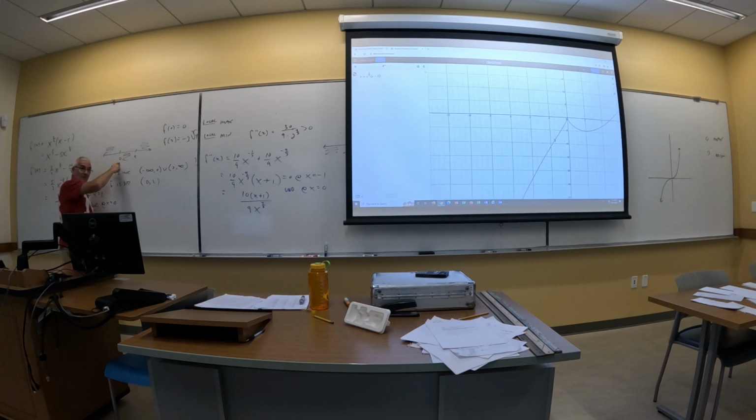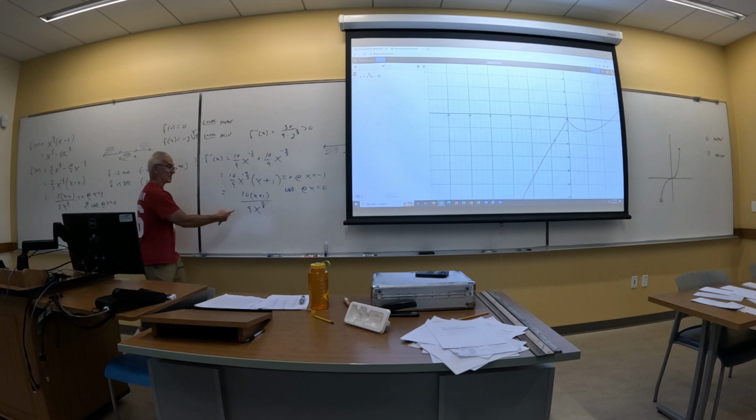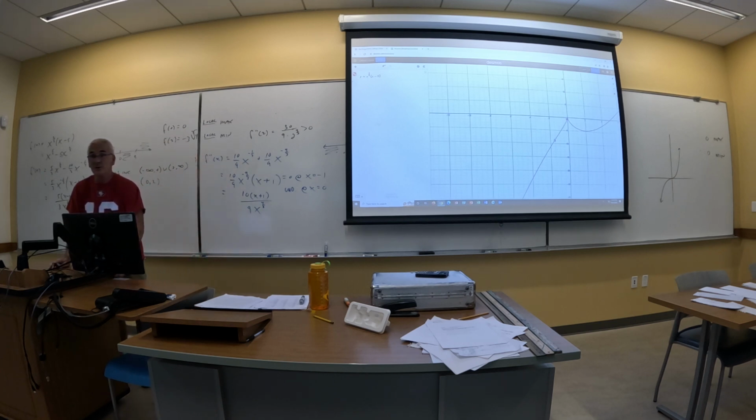Even though the derivative didn't exist at 0, I could show it changed direction at 0. But the second derivative test I cannot evaluate at 0 because the second derivative, again, is not defined at 0. So in this case, the second derivative test failed us for one number, but it completely confirmed the other one. Everybody cool with that?